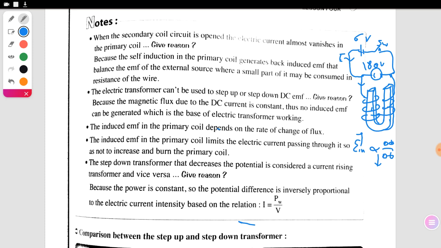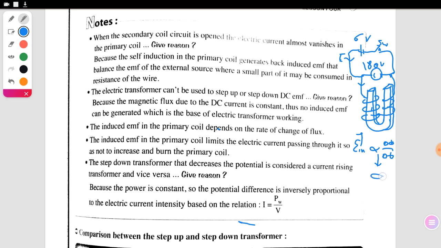This is called self-induction. But if we have two coils, one of them connected with a source of electric current, while the second is connected with a galvanometer.